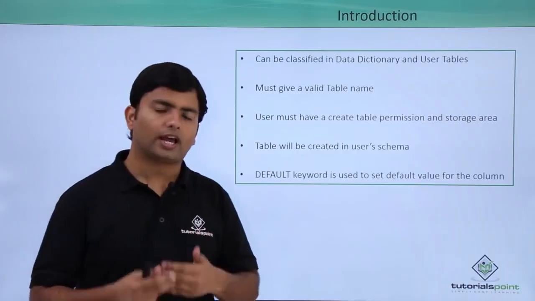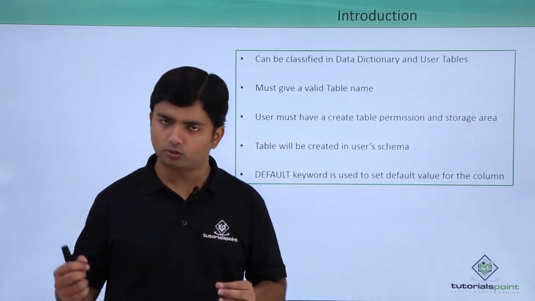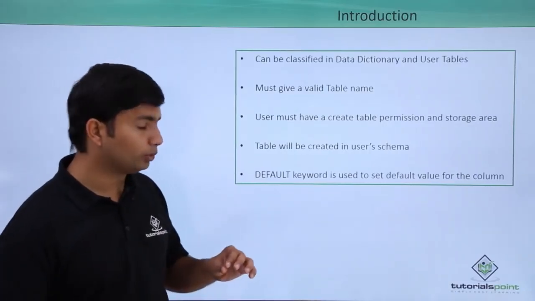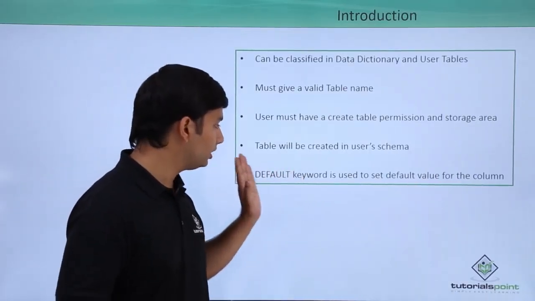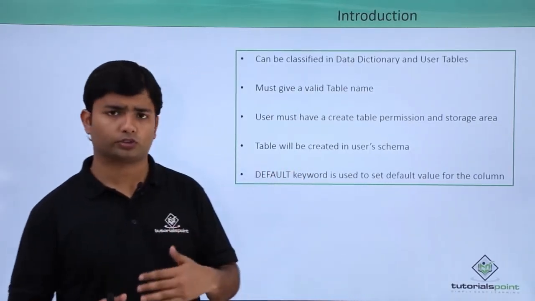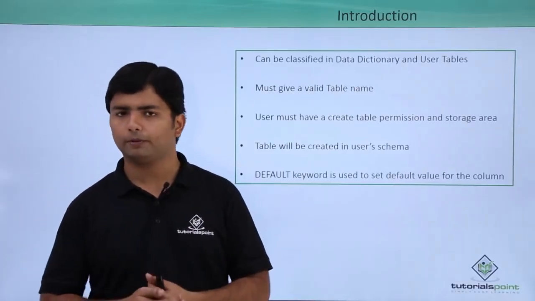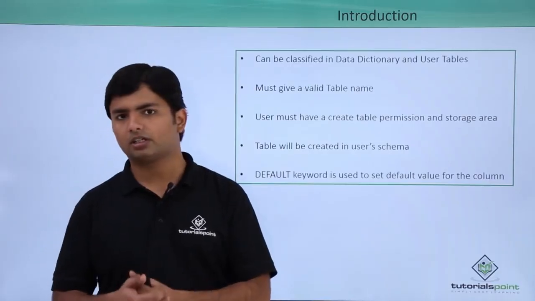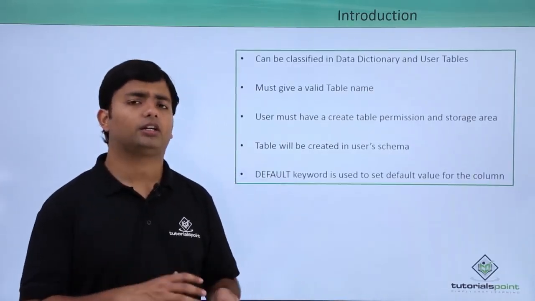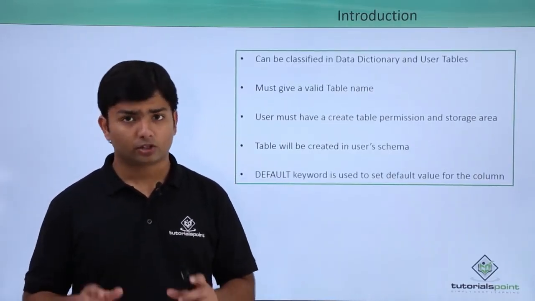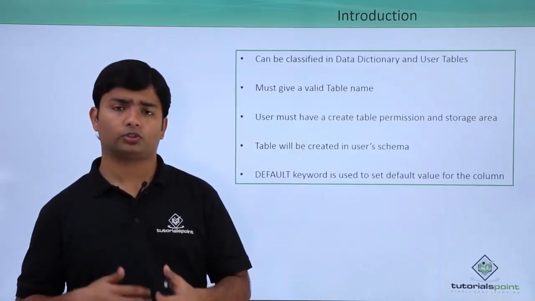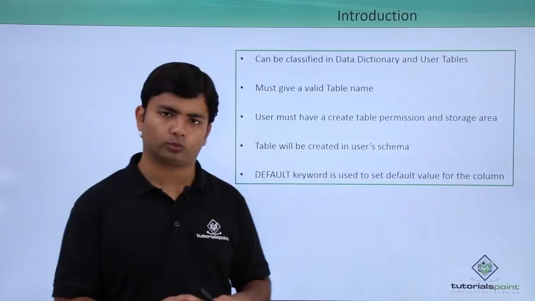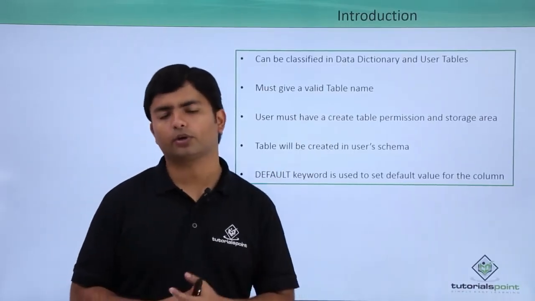So you will have to pass the number of columns which you want to create in a table, and a default value can be passed by using the default keyword if you want to store some default value. For example, if there is a column called date of joining in my table and I want a default value of today's date to be there even if the user is not entering anything, I can specify that as well using the default keyword.